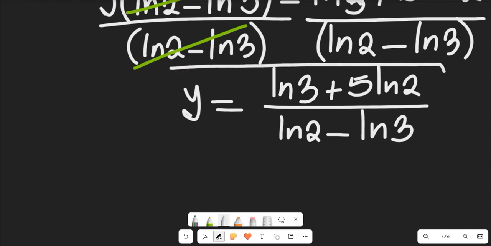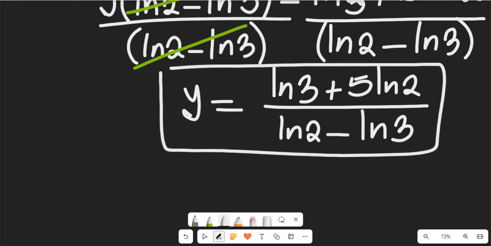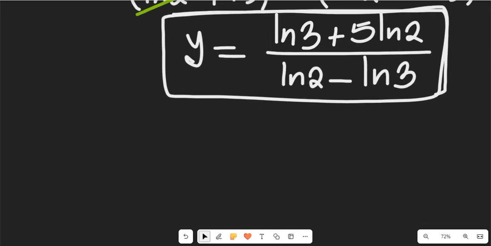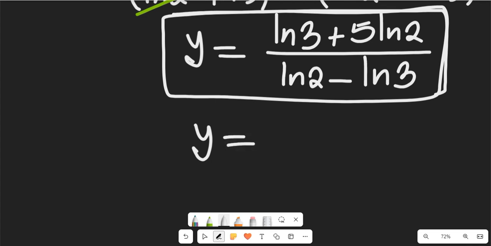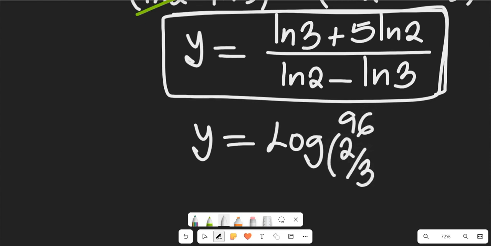And if we simplify or evaluate this to the smallest term, we're going to have the value of y. Now recall that this will give us the same solution as the first. We got y equal to the log of 96 base 2 divided by 3.